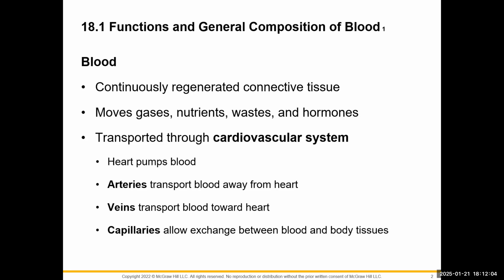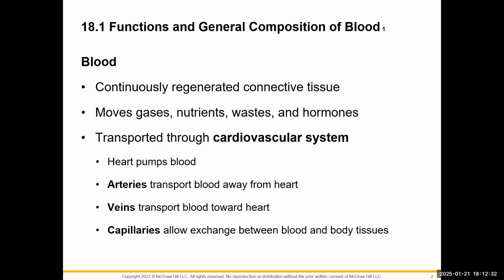And then we have the area of exchange, and I want you to really commit this to memory: that would be our capillaries. Our capillaries are the smallest, thinnest blood vessels in our body, and so they're the exchange site. They allow substances to exit from your bloodstream out into tissues, and then draw material from your tissues into the blood.